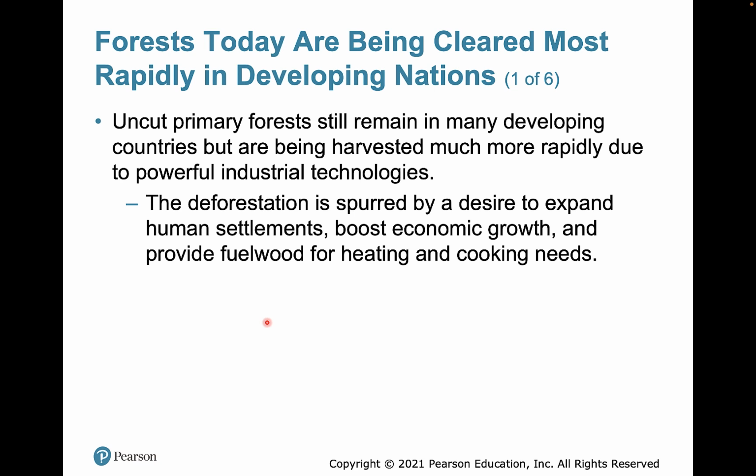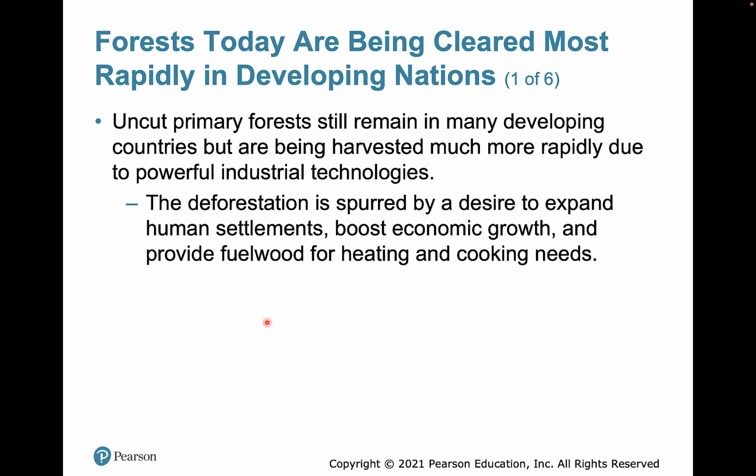In a lot of developing nations, there's a lot of uncut primary forest, but local people are turning to that for harvesting for a bunch of reasons, either because they want to expand human settlement, they need to spread out, like we were talking about in Brazil.